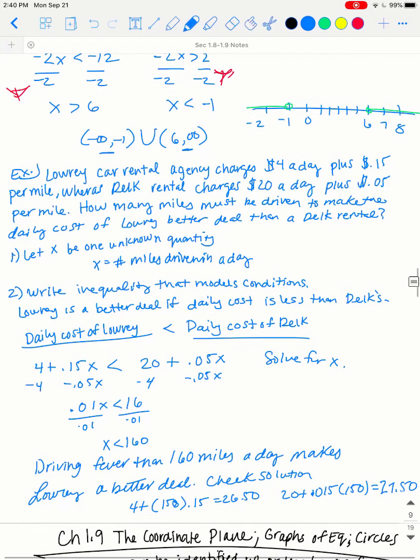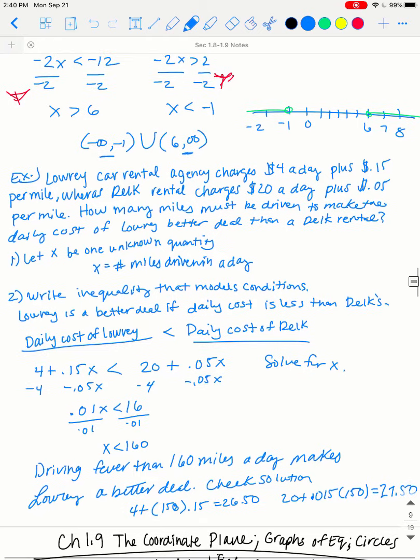I'm going to write the numbers with the miles that expresses this. We have $4 a day, which is just a flat rate. So for Lowry, it's 4 plus 0.15 times x, because it's 15 cents per mile, is less than 20, the flat rate of Delk, plus 0.05 times x, because it's 5 cents per mile charged.